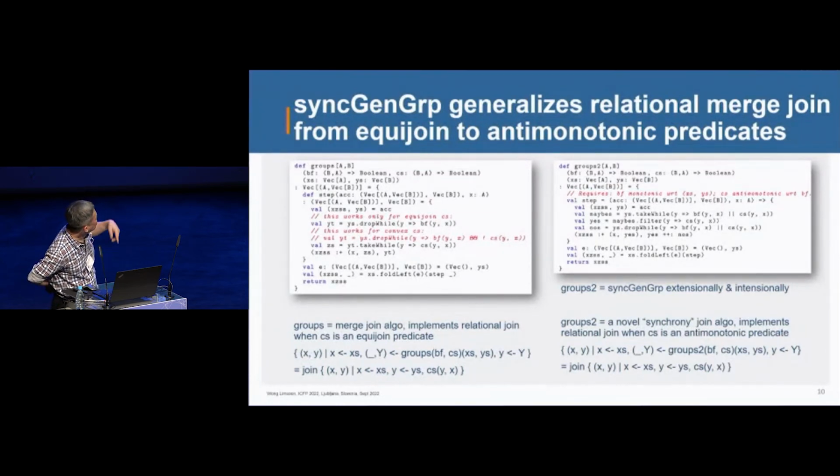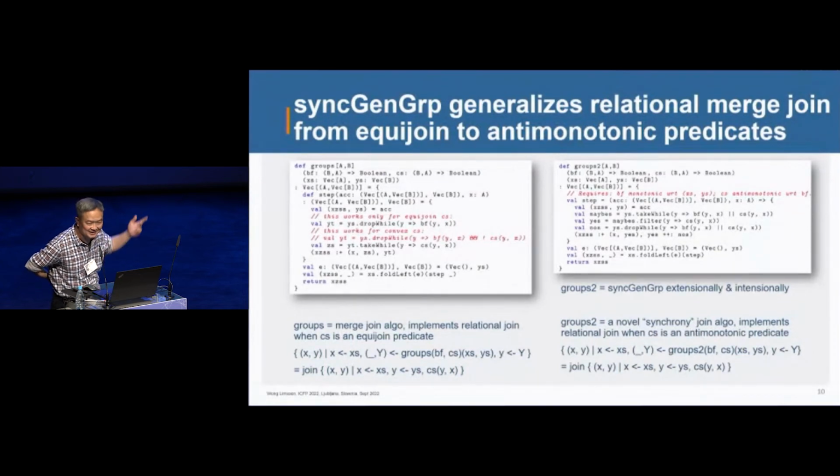But in the Synchrony join, on the right side, it is slightly different. First of all, when you process the Y, you keep the list of things that Y is before X, and also the list of things that matches your X, that can see your X. Then from this list, you extract those that meet the condition CS, those that you can see.